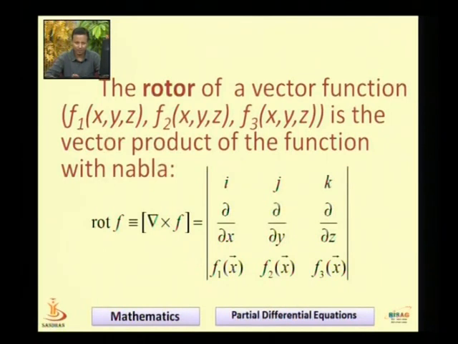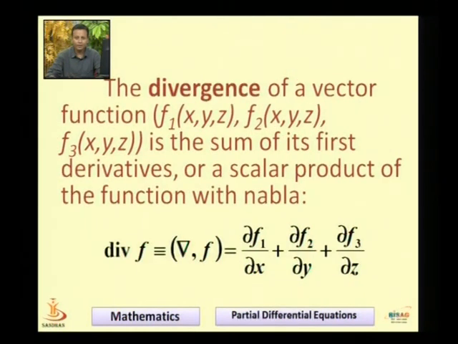Now the rotor of a vector function. The rotor, also known as curl, of a vector function f1, f2, f3, where f1, f2, f3 are functions of x, y, z, is the vector product of nabla with the function. So del operated on a scalar point function was gradient. Del having its dot product with a vector point function f having components f1, f2, f3 is called divergence.